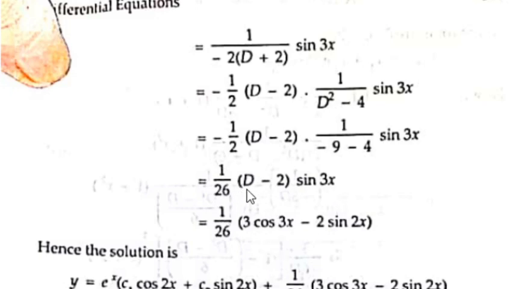So D sin 3x means differentiation of sin 3x, which is 3 cos 3x, then −2 sin 3x. Okay, so this is the particular integral.